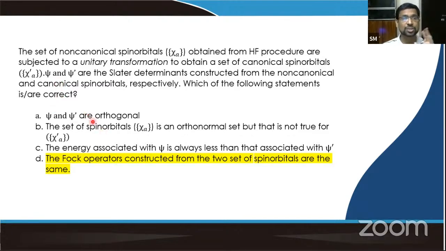Now, the question asks which of the following are correct. For example, the first option says that the two Slater determinants that you constructed, one from the non-canonical set, another from the canonical, are orthogonal.